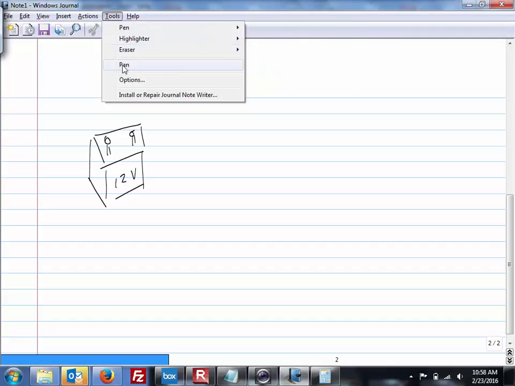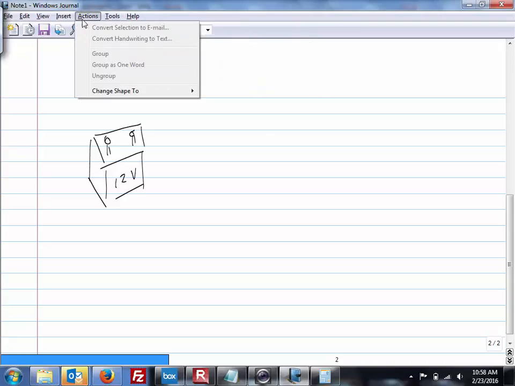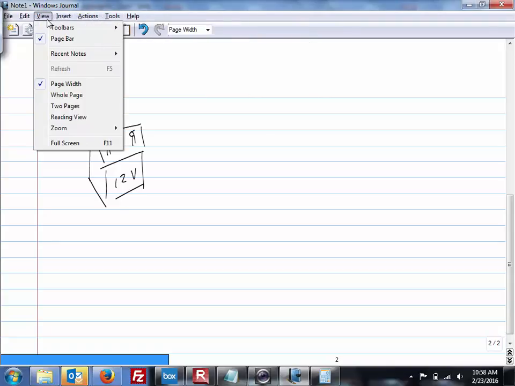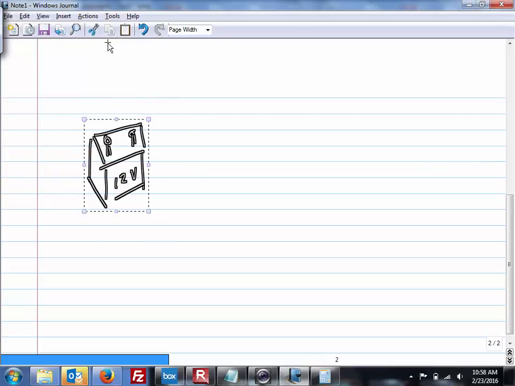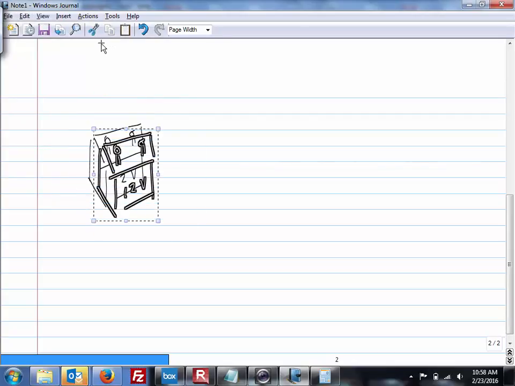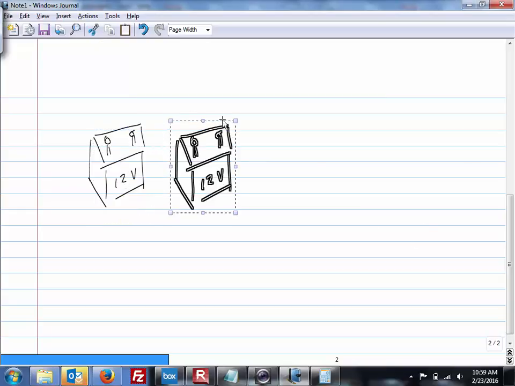So if we've got, let's just do a couple batteries here. 12 volts.